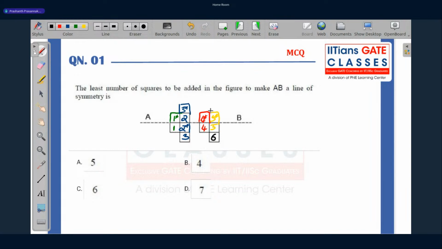And then box 6 and 6 star. After drawing all of these boxes, we can see that along this line of symmetry AB, the diagram is symmetric. So we added 1, 2, 3, 4, 5, a total of 6 boxes. So the answer is 6.